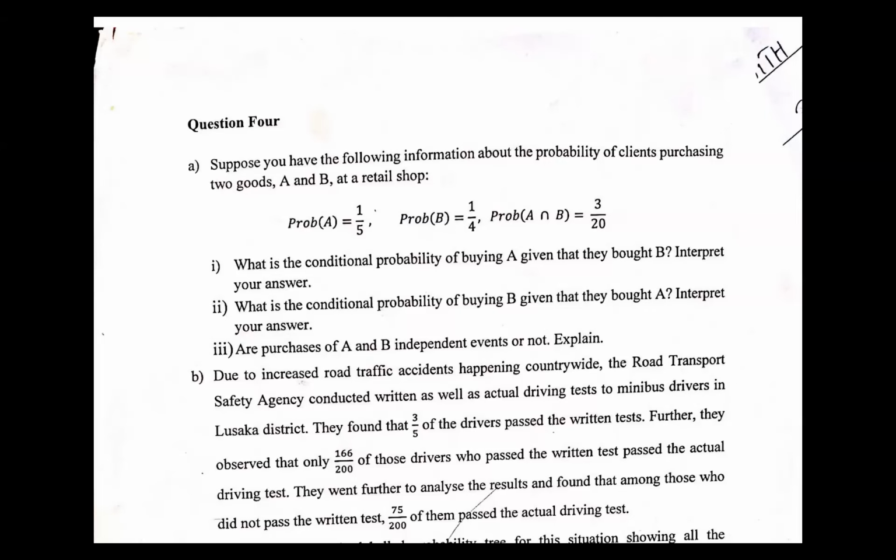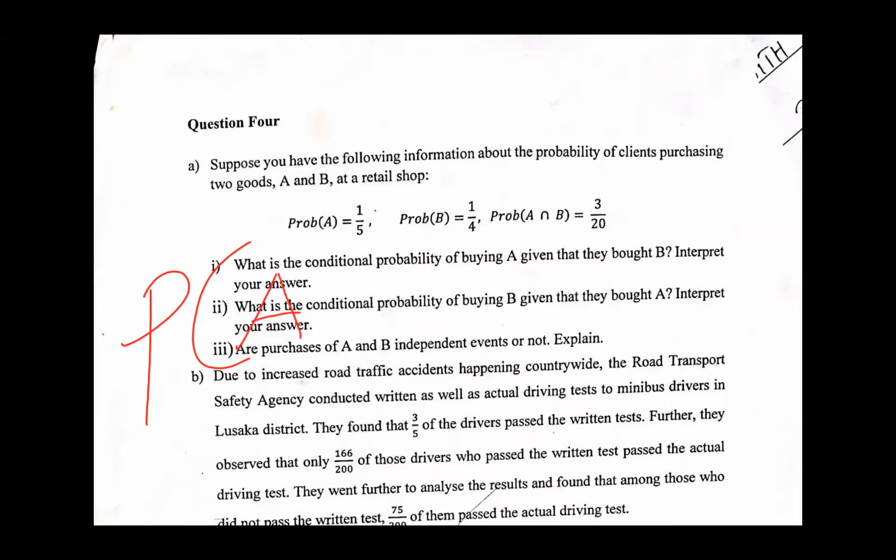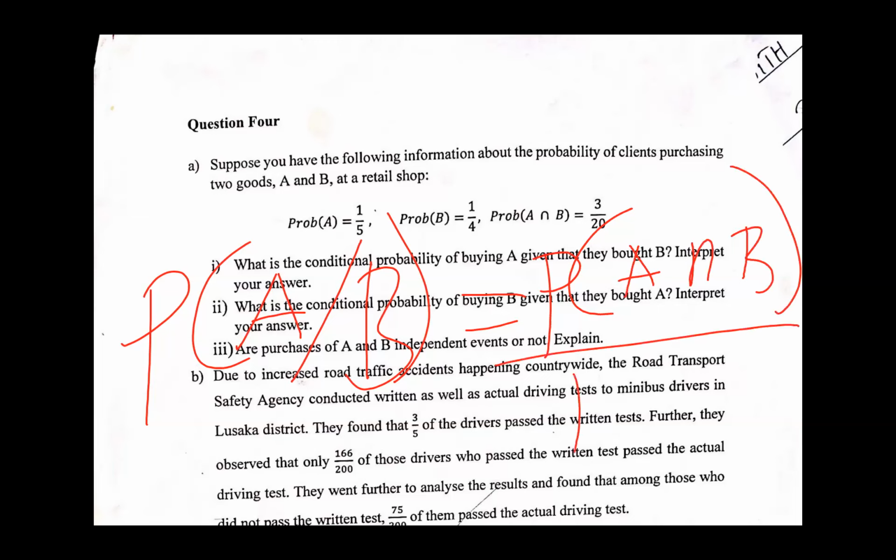So the probability of an event A occurring given that B has already occurred shall be equal to the probability of A intersection B divided by the probability of what? Which one will be your denominator? This one that you have been given. Yes, that's how you state the condition.